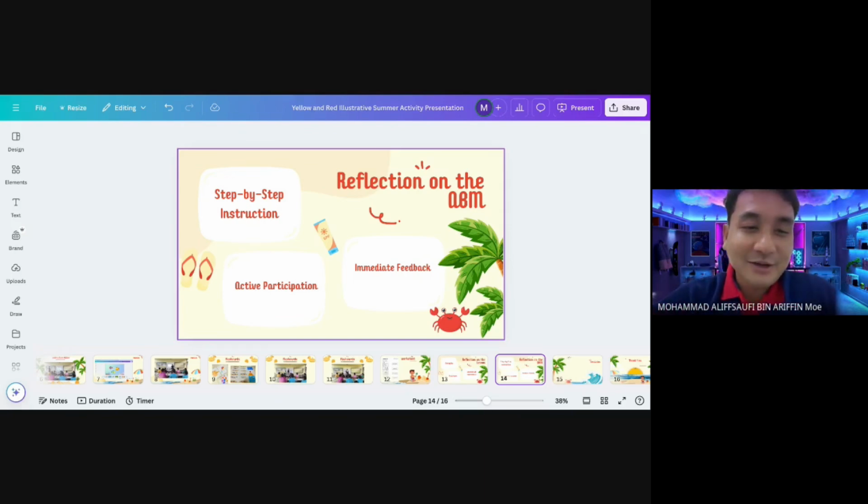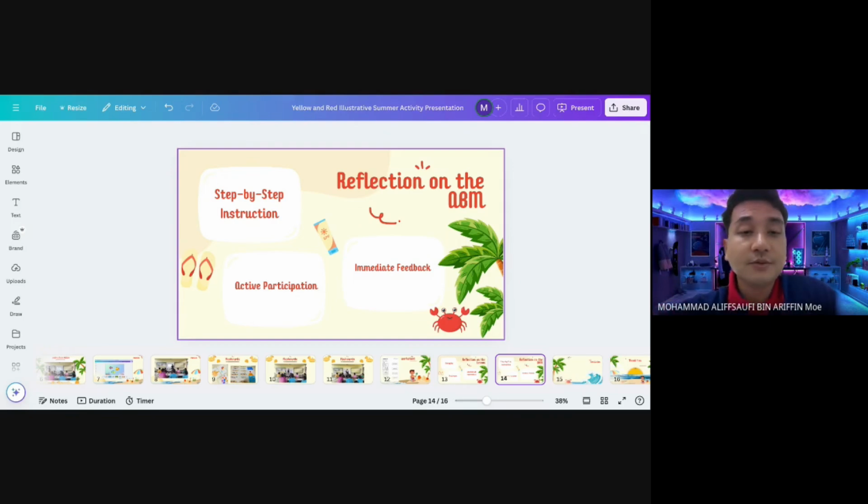But also the limitations and challenges that I face by using this ABM. Okay, while ABM worked quite well overall, there were areas where it could be refined. I'm not saying that this has many flaws, but it can be improved and refined.